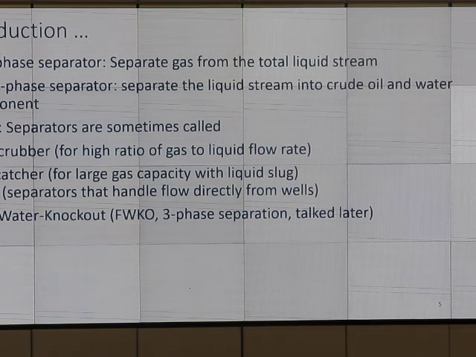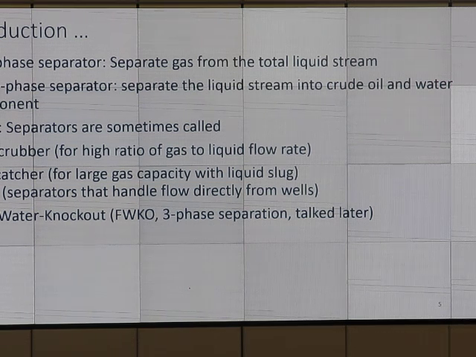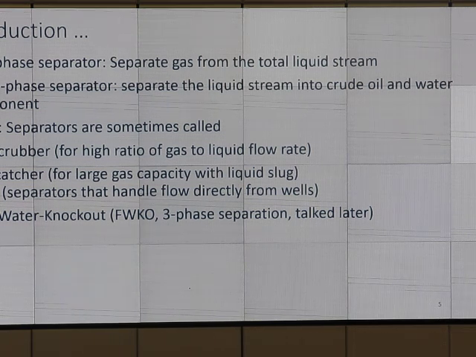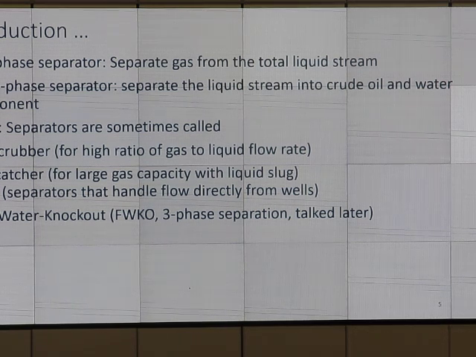Okay, that is a two-phase separator. It's for a large gas capacity with liquid slug. Okay, so sometimes they call it traps. Okay, separator that handles flow directly from the well. So you may call it gas scrubber or slug catcher or something, but basically it is a separator.